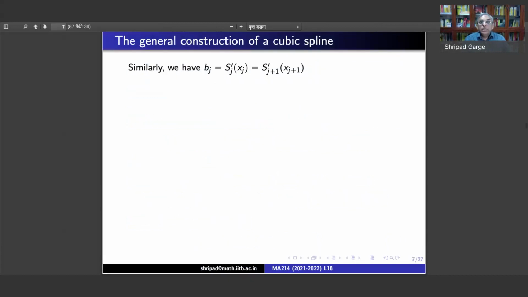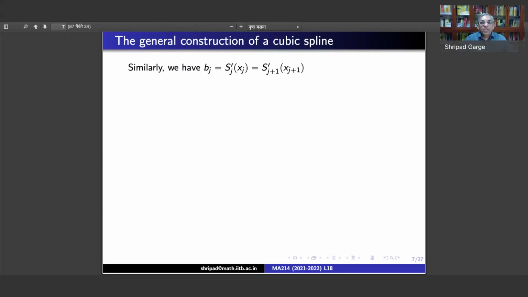So that tells you that bj, which is the derivative of sj at xj, has to be the derivative of sj plus 1, so there is a small correction, I should put bj plus 1.